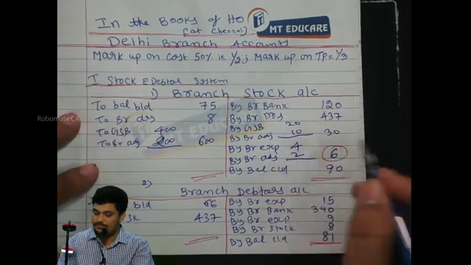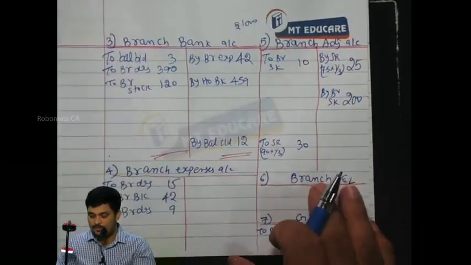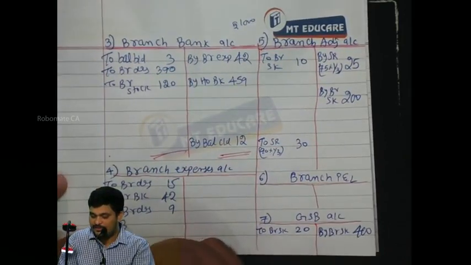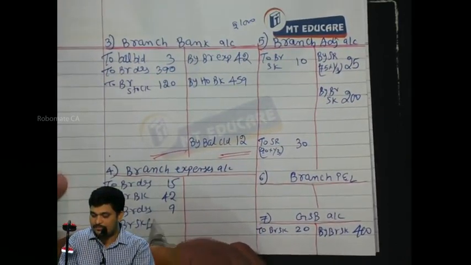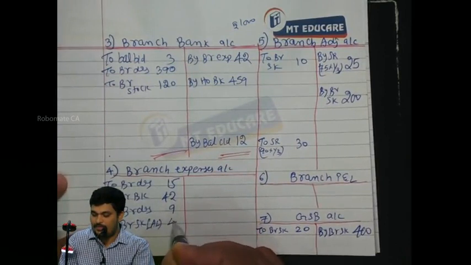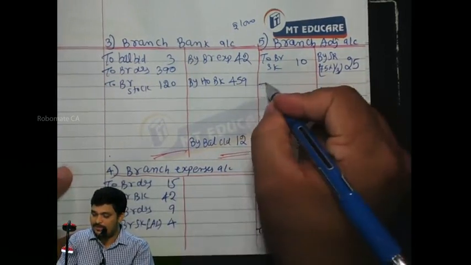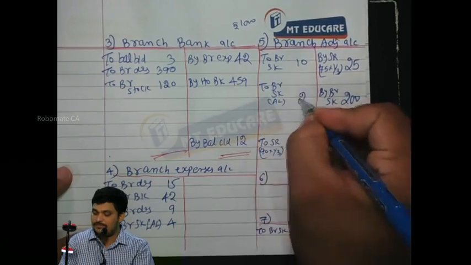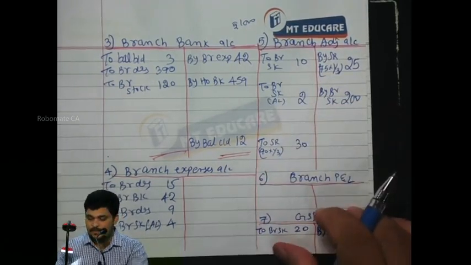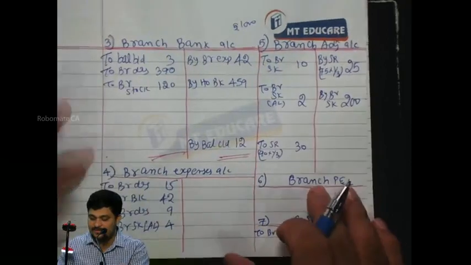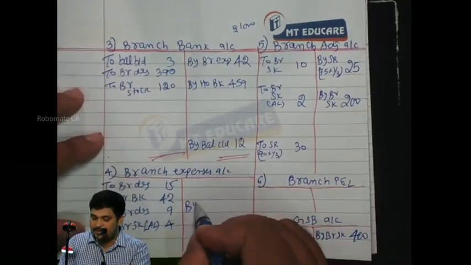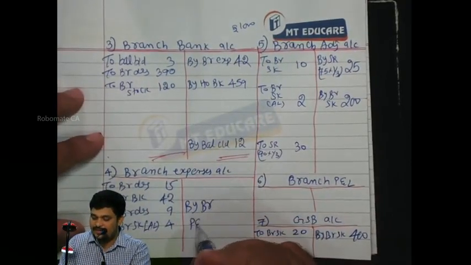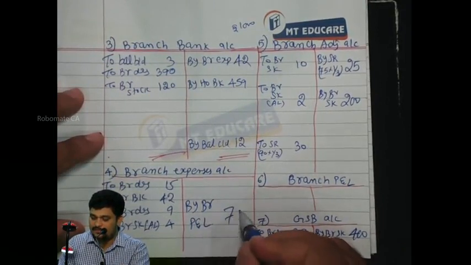4 and 2. So to branch stock, and to branch stock. Correct? So that account got tallied. By branch P&L 70.